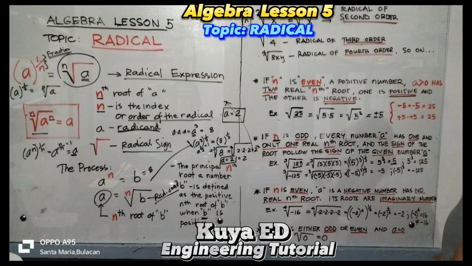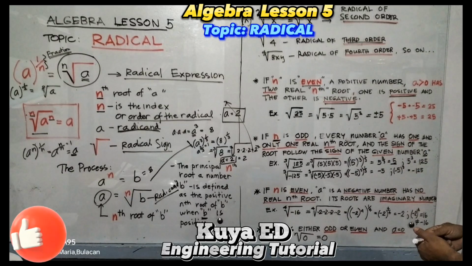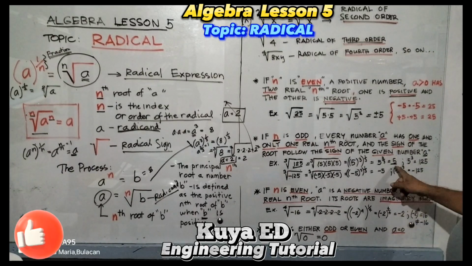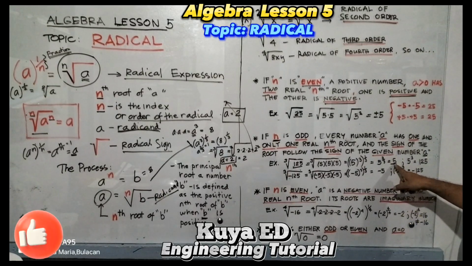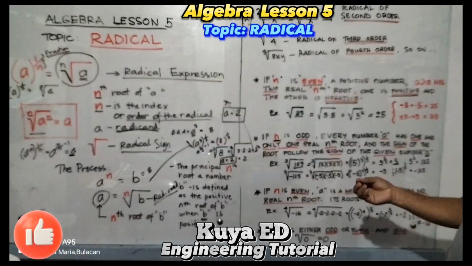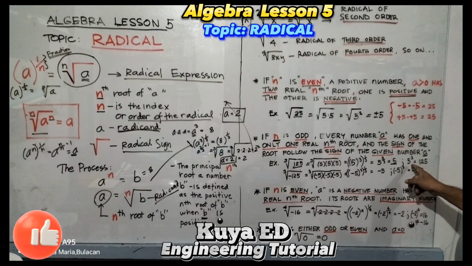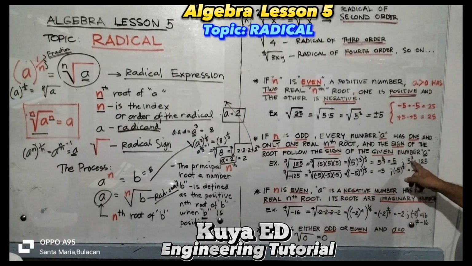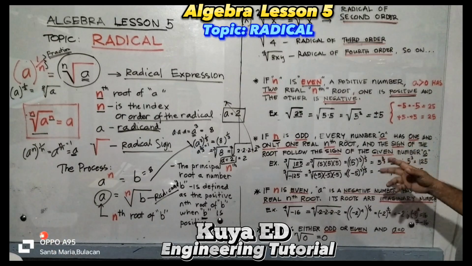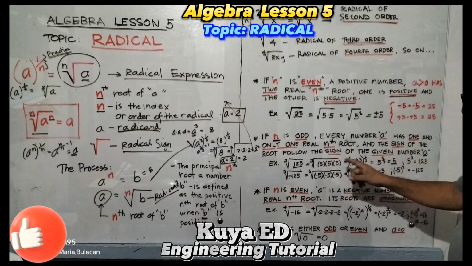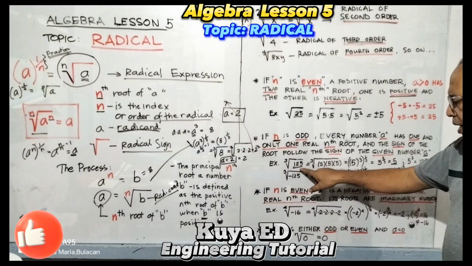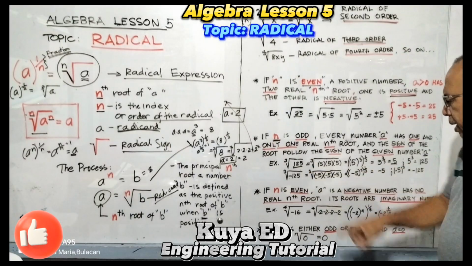Kaya 5 na yan. 5 yung magiging cube root. Okay, ang hinahanap natin kasi yung cube root. Kasi 5 to the cube, or 5 times 5 times 5, is 125. So, balik siya sa original na number.